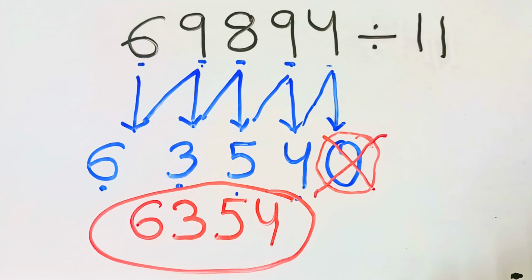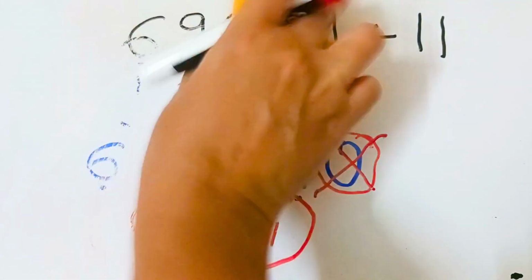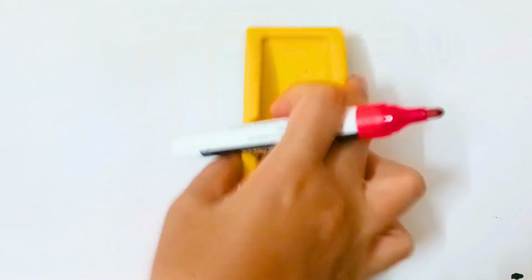Now let's come to that big number that I showed at the start of the video. So now let's divide a big number by 11. Let's do it. Let's first clean this. Now write that number.